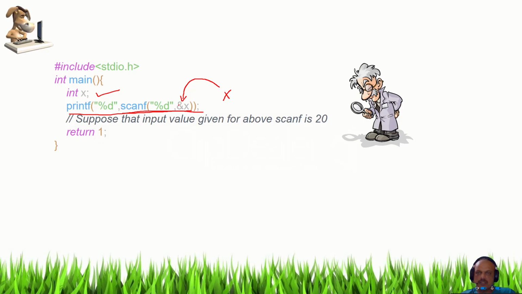Mind you, use the ampersand always with scanf. So you are storing the data from the keyboard into the address of this variable X. An integer data is being scanned and it is being stored into the memory allocated for this variable X. Okay, so that's why we use ampersand.